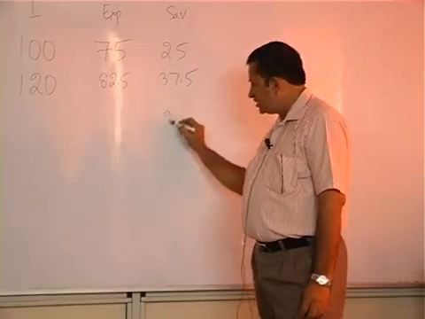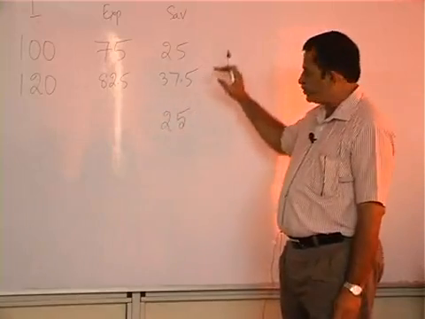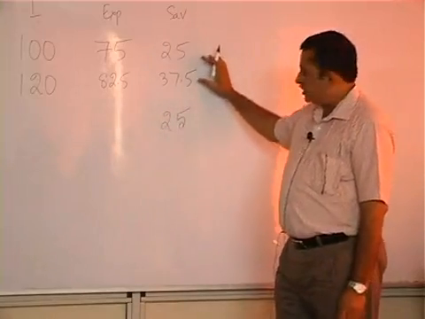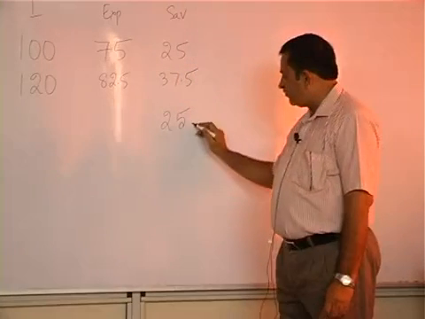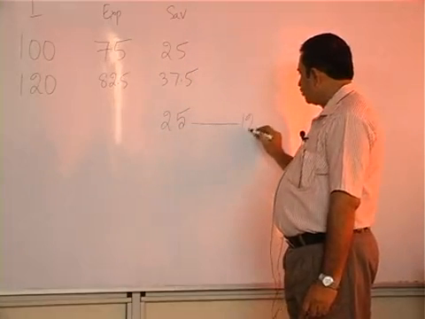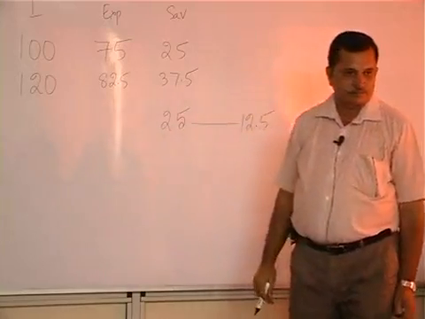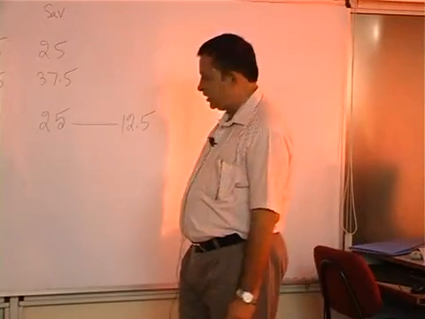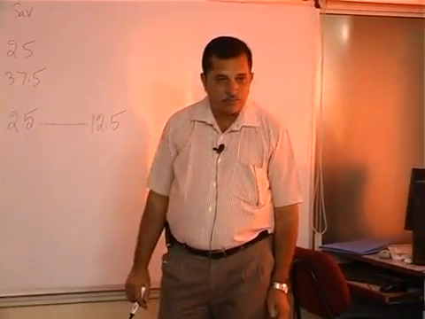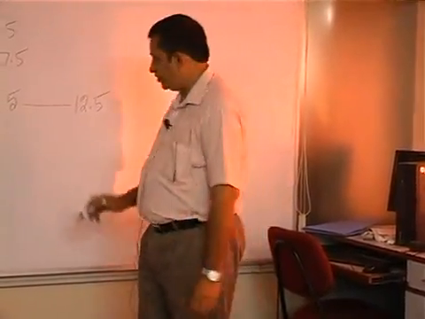Previously she used to save 25, now she is saving 37.5. For every 25 rupees, 12.5 rupees is increased. For every 25 rupees, how much is increased? 12.5.